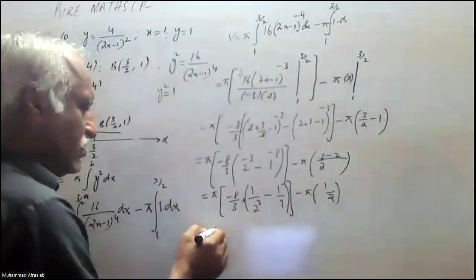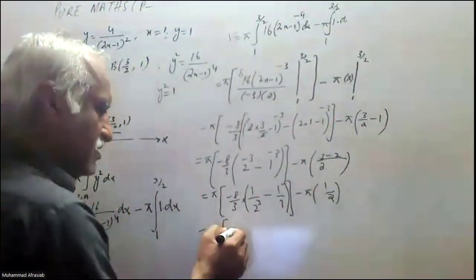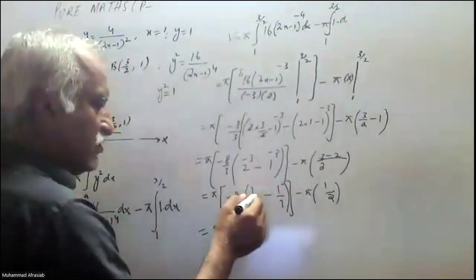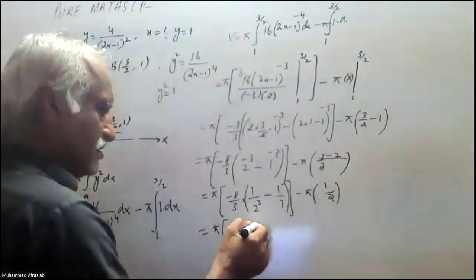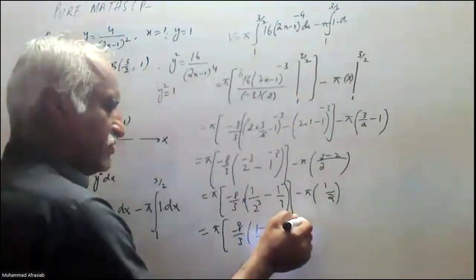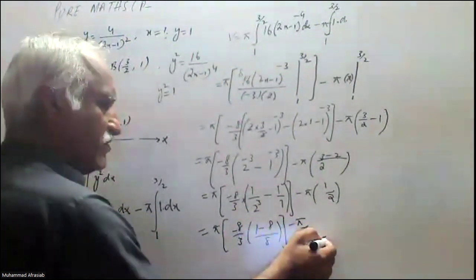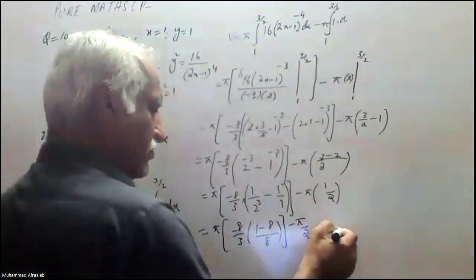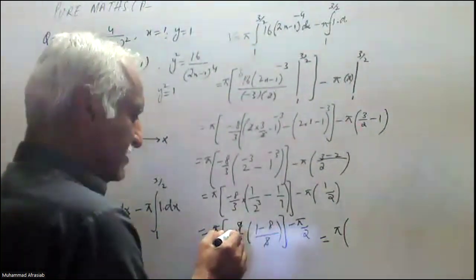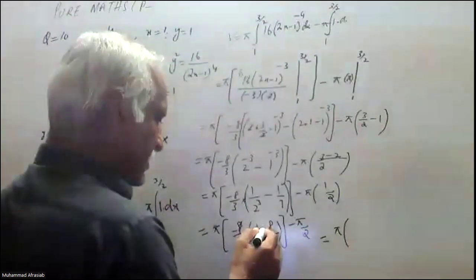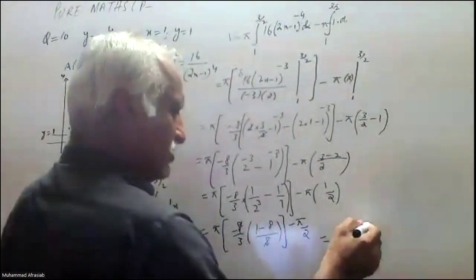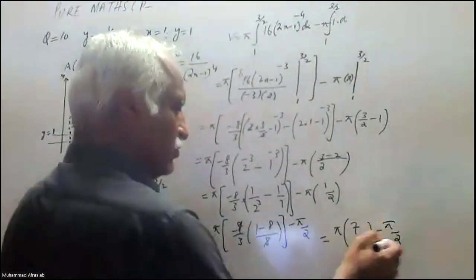So this value will be equal to pi as it is, minus 8 over 3 into (1 over 8 minus 1), minus pi over 2. This value will be equal to pi as it is, this 8 and 8 cancel, minus into minus 7, that will become plus 7 over 3 minus pi by 2.